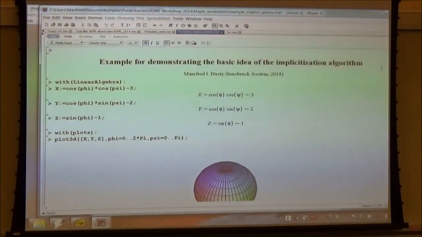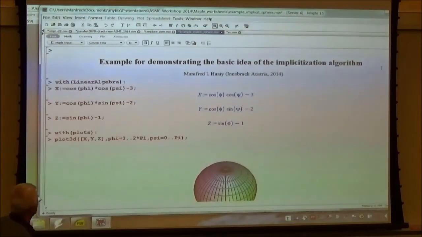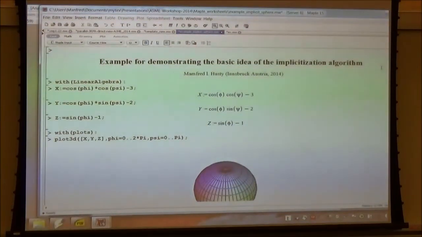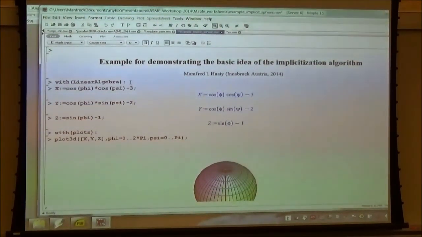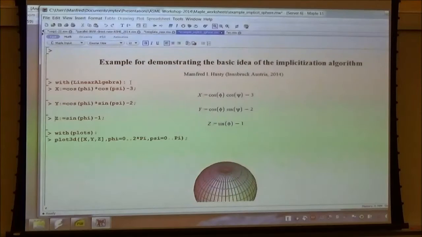Okay, an example for demonstrating the basic idea of the implicitation algorithm. We start with a sphere. Sphere given in parametric equation. So the parametric equations are here, sine and cosine of phi and psi.